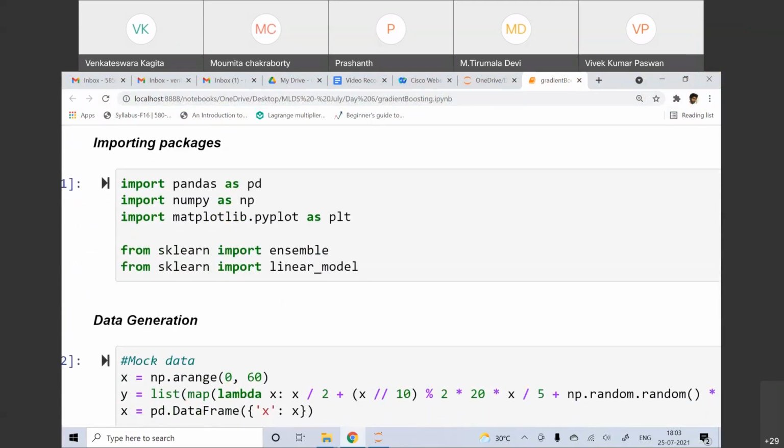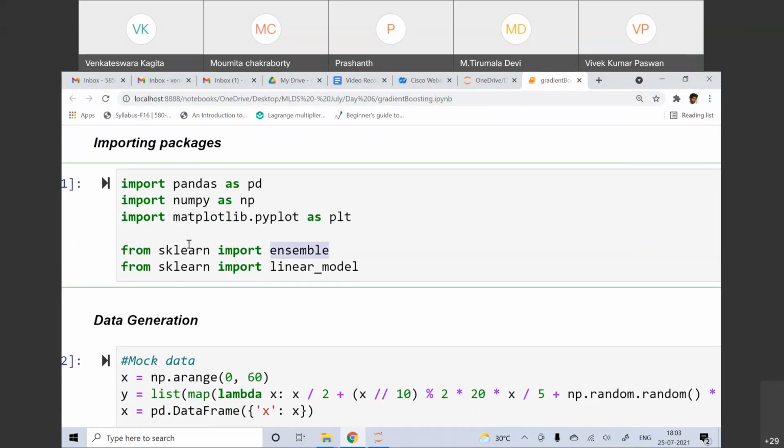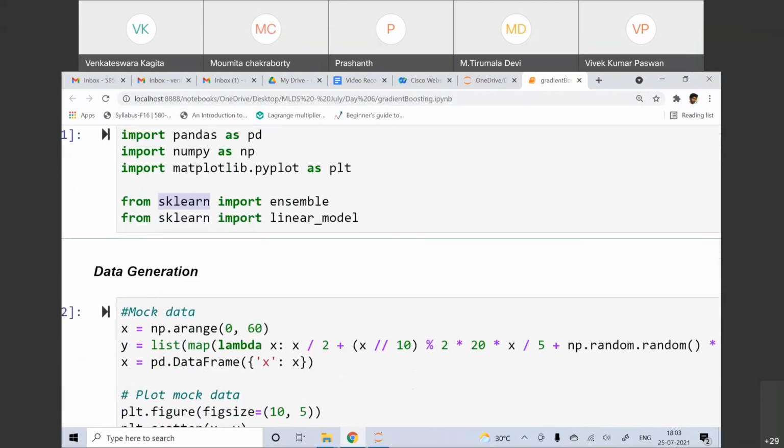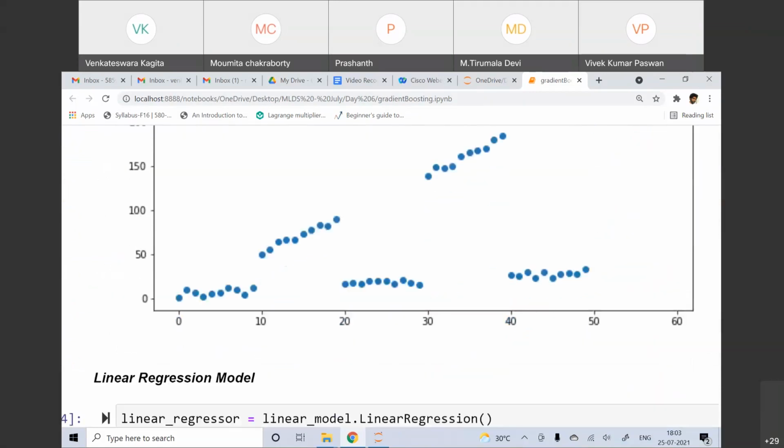So you can have gradient descent regression, gradient boosting regression, gradient boosting classifier. All these models are there, and various ensemble techniques are also there. So we are now talking about gradient boosting regression in this demonstration. I'm importing ensemble from sklearn, and I can directly import regression also.